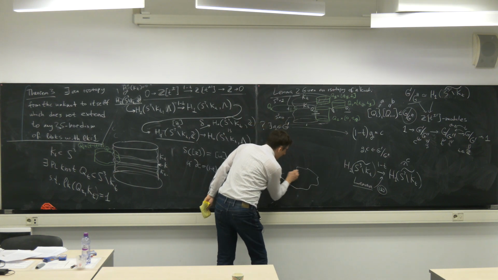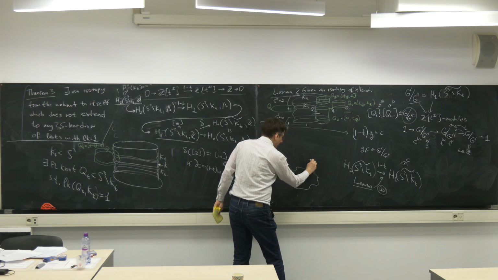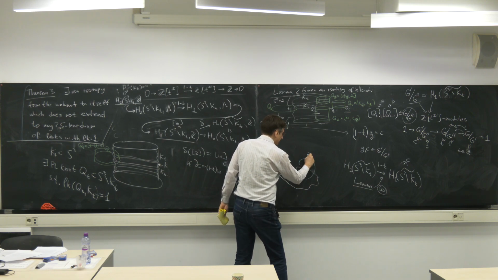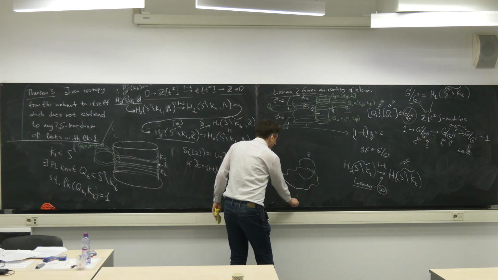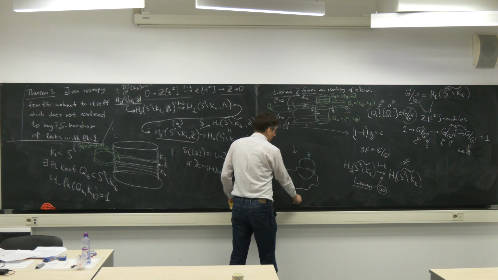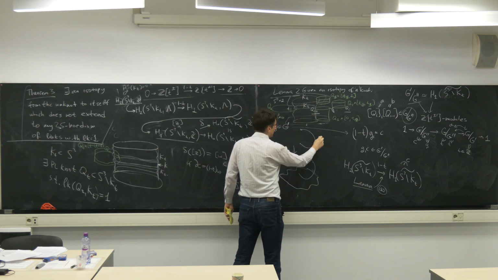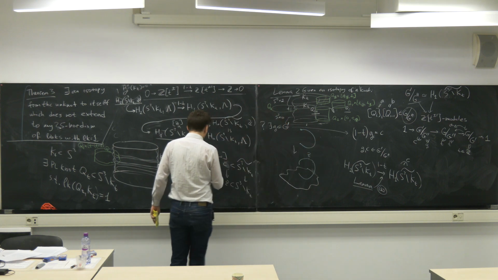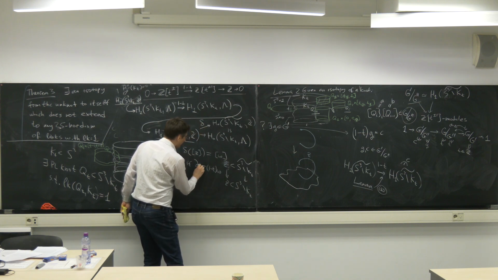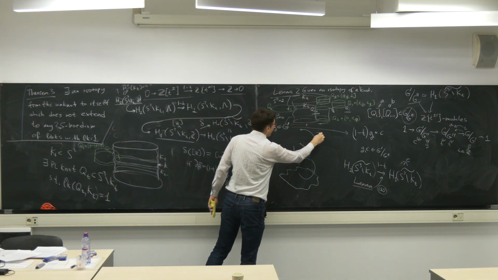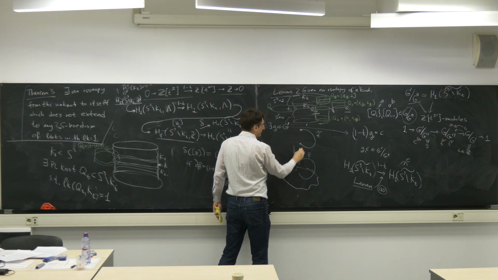We have our knot, a wild knot, and we have some cycle Z. And now if we look at the infinite cyclic covering, then above this cycle there is some chain. Maybe I should call it C tilde. And it has a boundary.